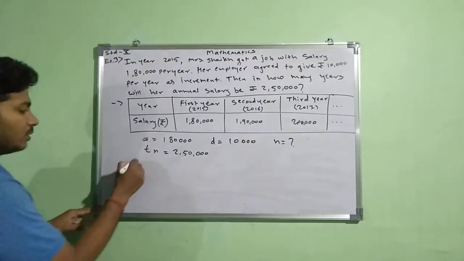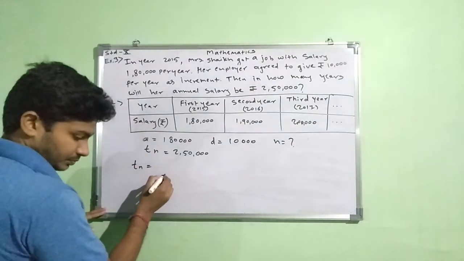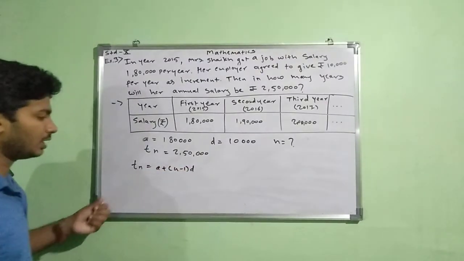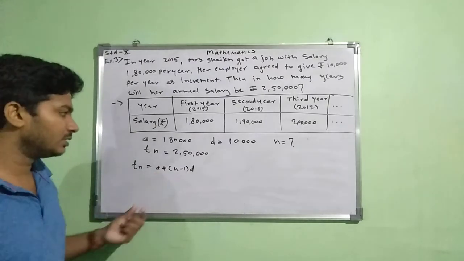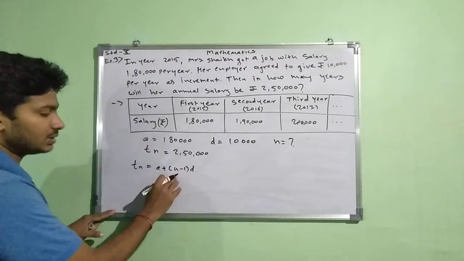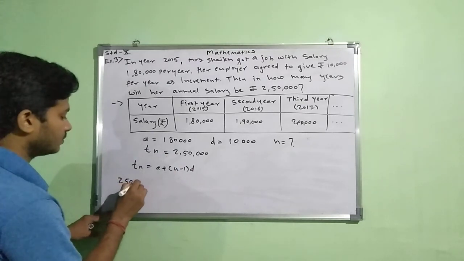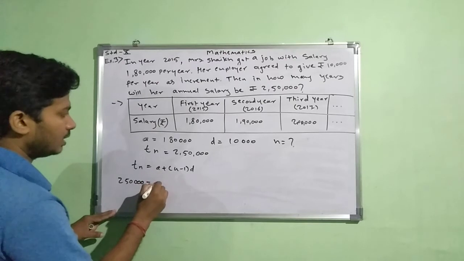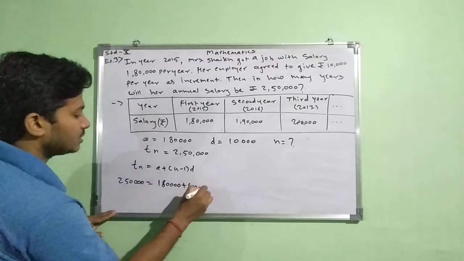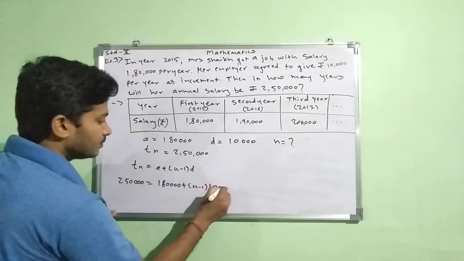We can use our formula, Tn is equal to A plus n minus 1 into D. We can substitute all these values and find n, which is unknown. So Tn is 2,50,000, A is 1,80,000, plus n minus 1 because we don't know n, and D is 10,000.